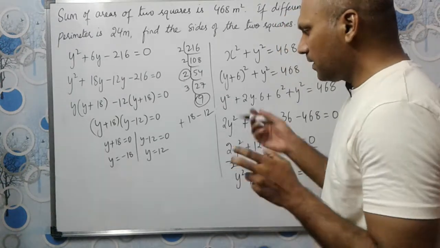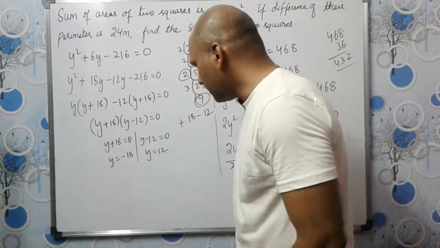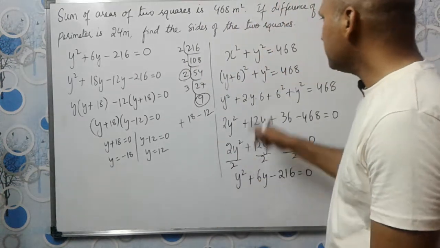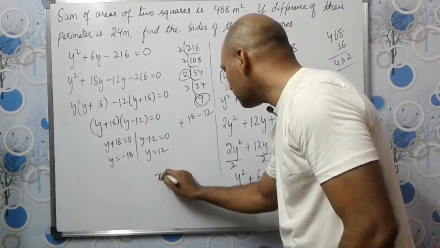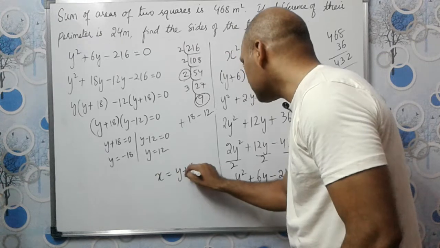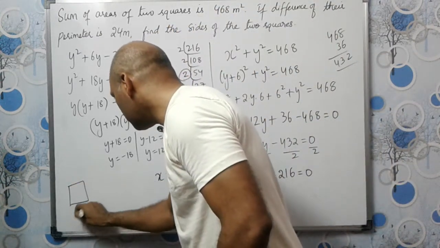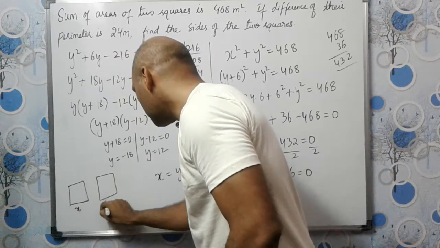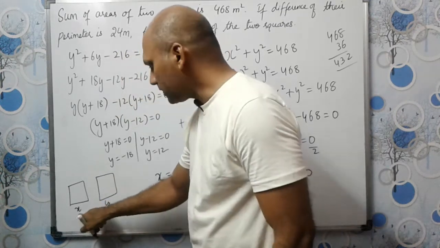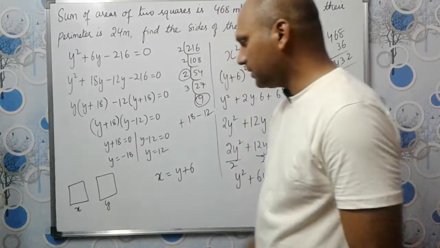See, I rubbed that equation, right? So what did we have? We knew x was equal to y plus 6, right? In the beginning I took two squares, side of the first square was x, side of the second square was y.